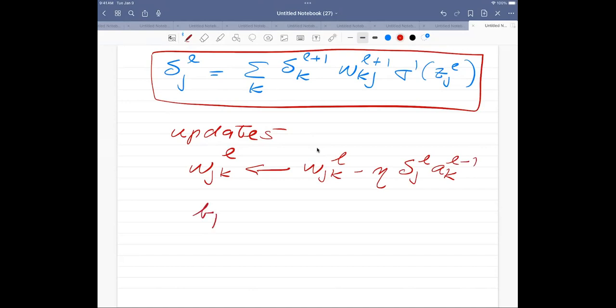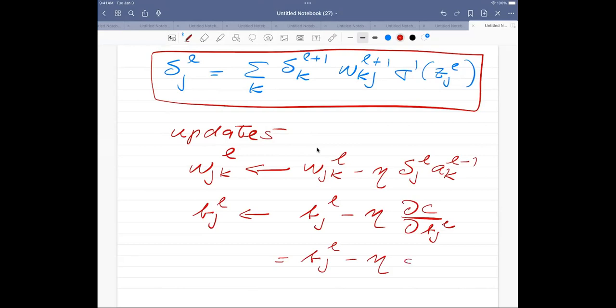Then I have the update for the b's, which will be bj of L minus eta times the derivative of the cost function with respect to bj of L. This is nothing but the previous value minus the learning rate multiplied with this parameter delta j of L.